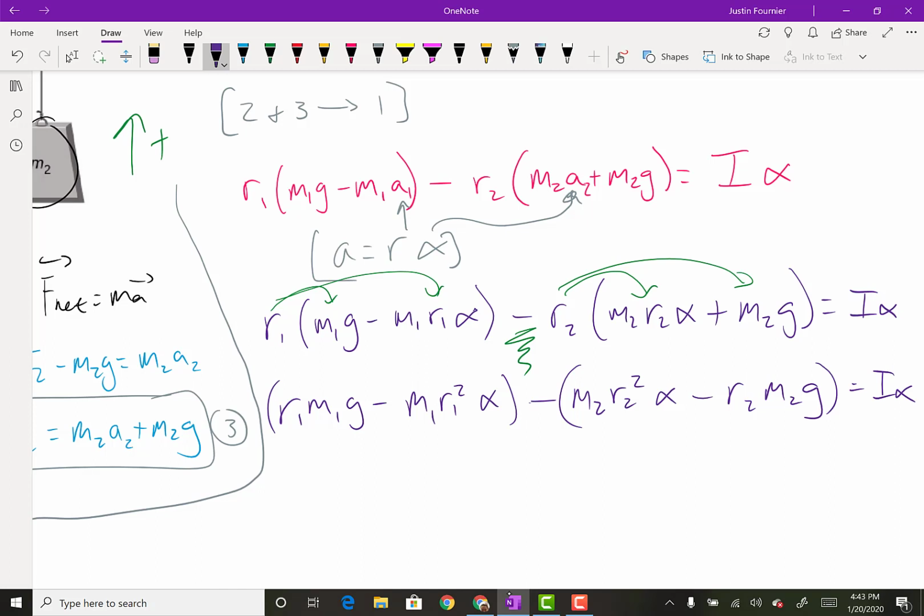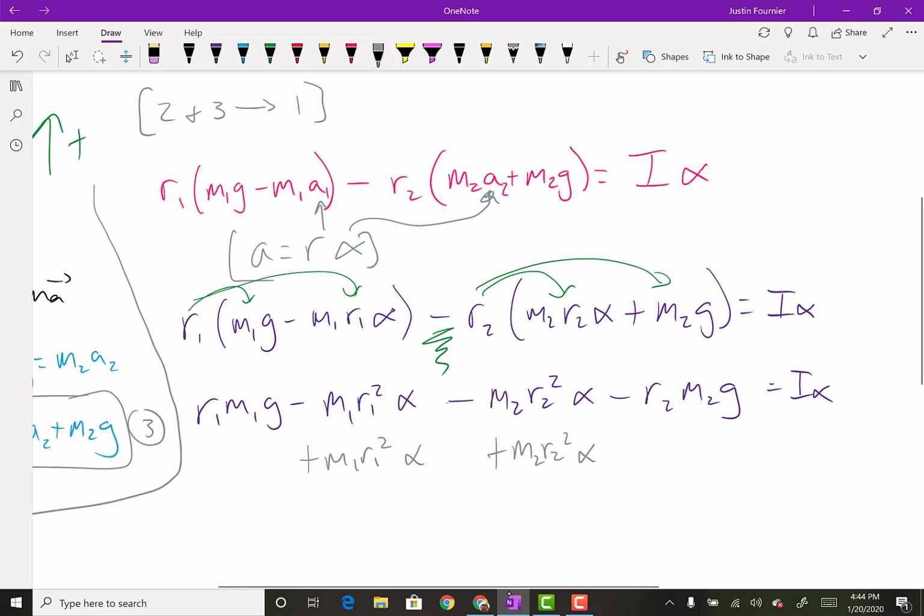Okay, not done just yet, sorry. So let's now add M1R1 squared alpha to both sides here. Let's pull the parentheses out. There we go. So the negatives are out there. Then we'll also add M2R2 squared times alpha, and I'm also going to add it to this side, plus M1R1 squared times alpha, plus M2R2 squared times alpha.